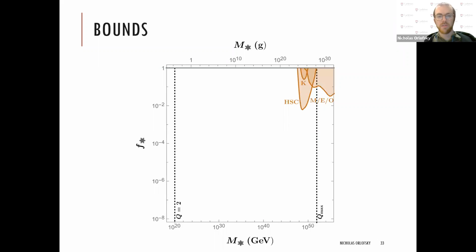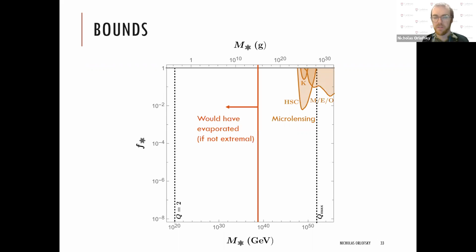Okay, so at this point we can take a step back and start thinking about making a plot of the bounds. Before anything I've told you, the thing that you could have obviously drawn here, that you would have known right away if you thought about black holes at all, were these microlensing constraints. This is MACHO, EROS, OGLE, Kepler, and HSC Subaru.